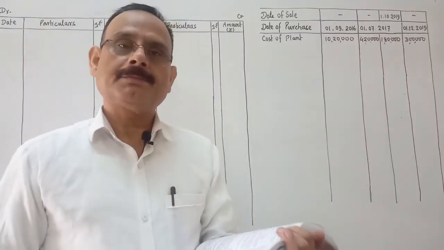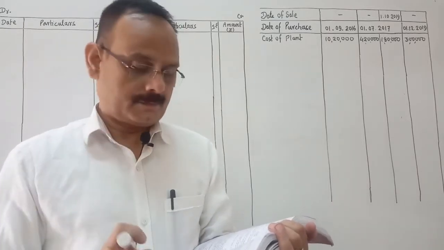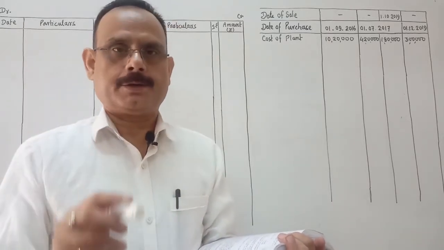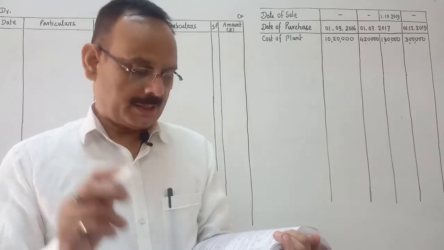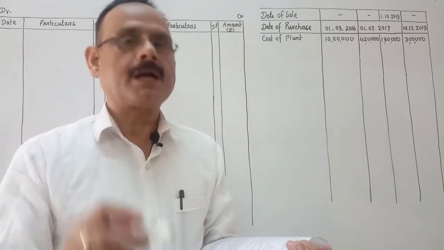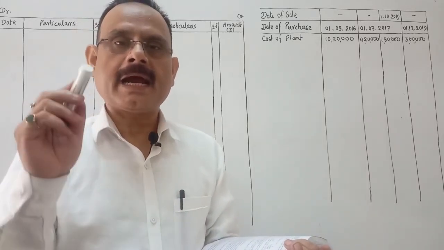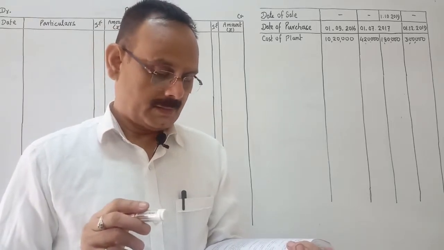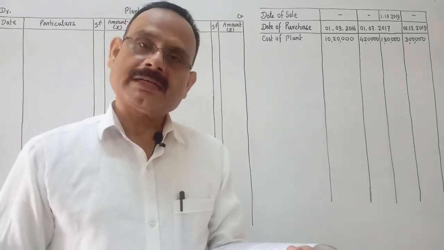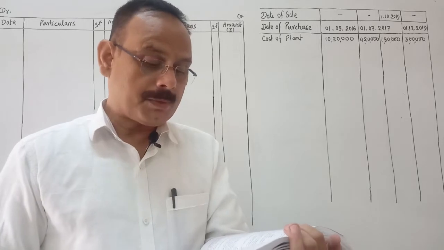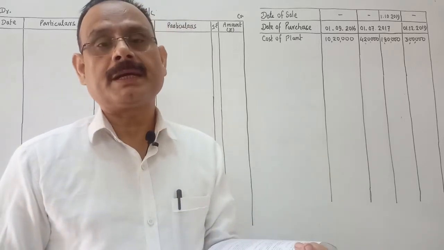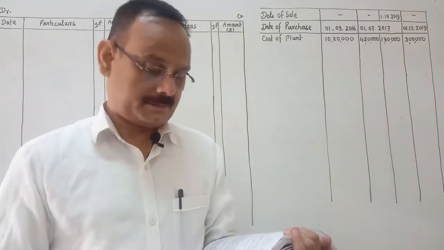on 1st September 2016, Gopal Limited purchased a plant for rupees 10,20,000. On 1st July 2017, another plant was purchased for rupees 6 lakhs.